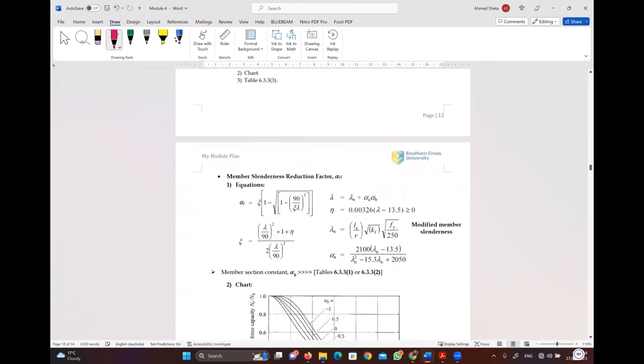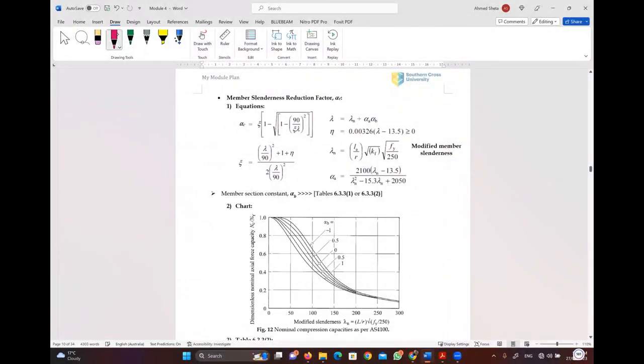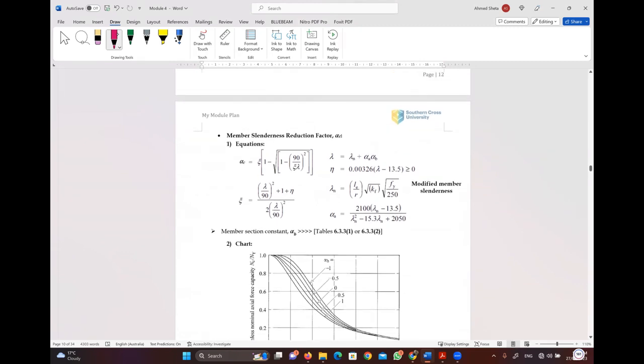Okay. So to find lambda c, we need to use the equations here. So we have alpha c equal to zeta 1 minus this root, and zeta is this value, and here we have lambda n, which is called the modified member slenderness.